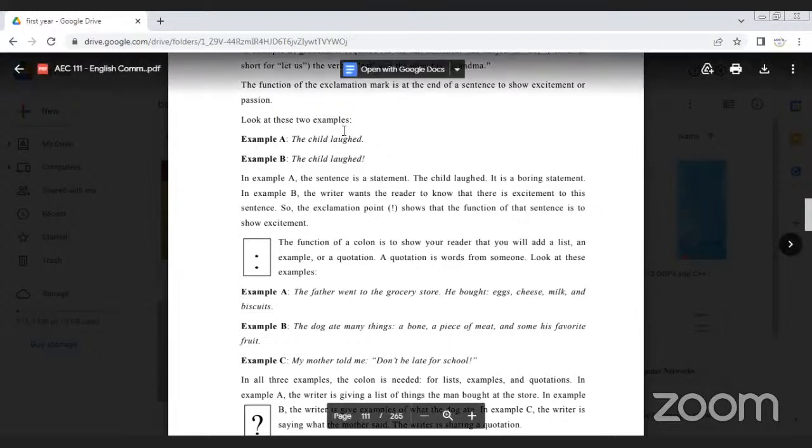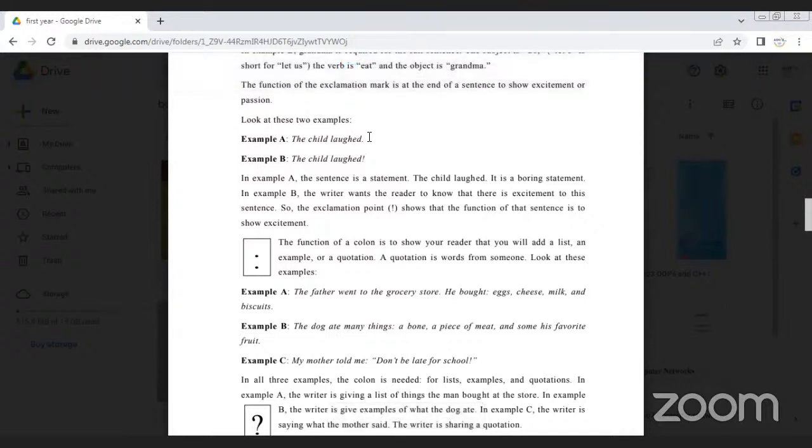In example A, the sentence is a statement because there is a full stop. The child laughed. It is a boring statement. In example B, the writer wants the reader to know there is excitement in this sentence. So the exclamation point shows that the function of that sentence is to show excitement.